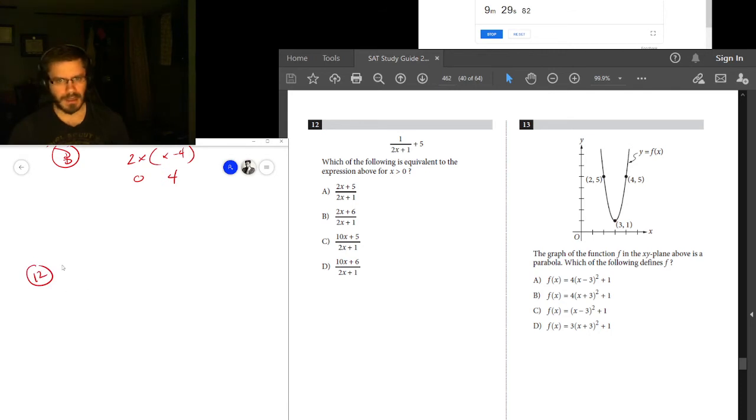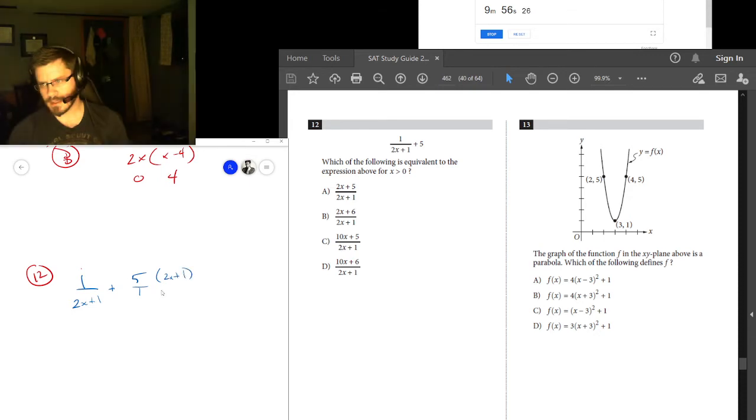12. Noticing that we have common denominators in each of the answer choices, let's go ahead and get a common denominator. So we have 1 over 2x plus 1 plus 5 over 1 times 2x plus 1 over 2x plus 1.